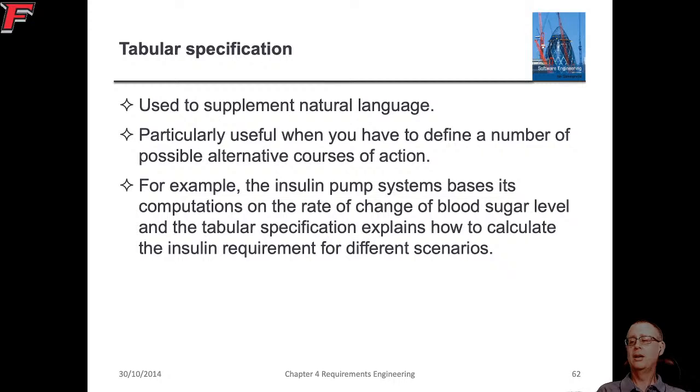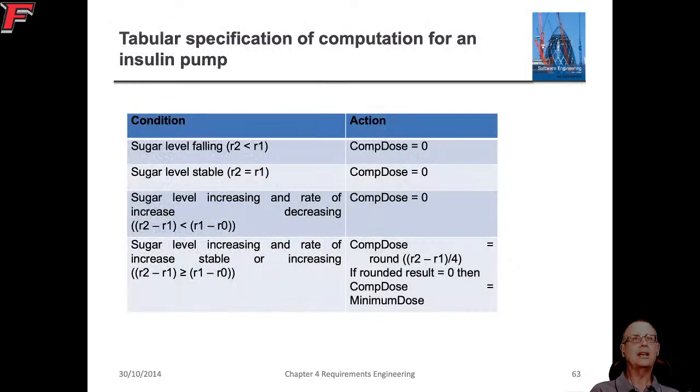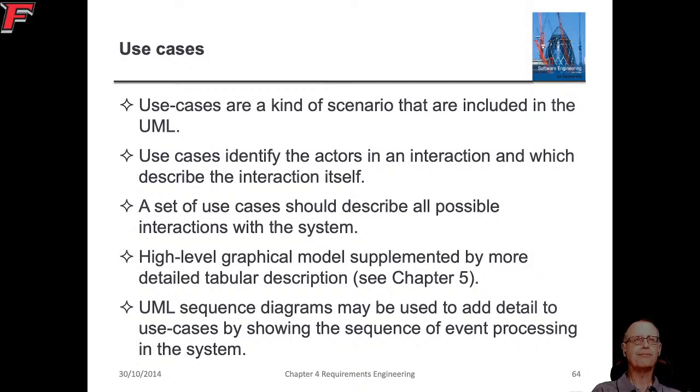In fact, when you write requirements, all of the requirements should be numbered. And here's an example of the way you might specify things to do with numbers and ranges. Again, it's for the insulin pump example.